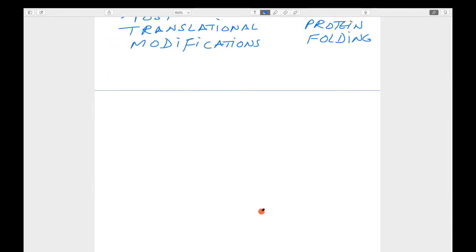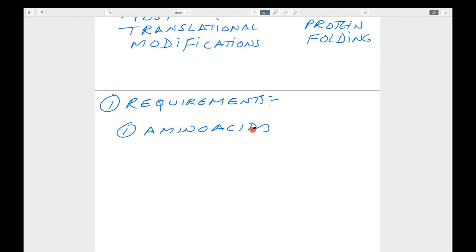The next aspect is, we'll go through one by one. The first one is the requirement of various components. So what are these requirements? The first one is amino acids. Amino acids are required. The second one is ribosomes.